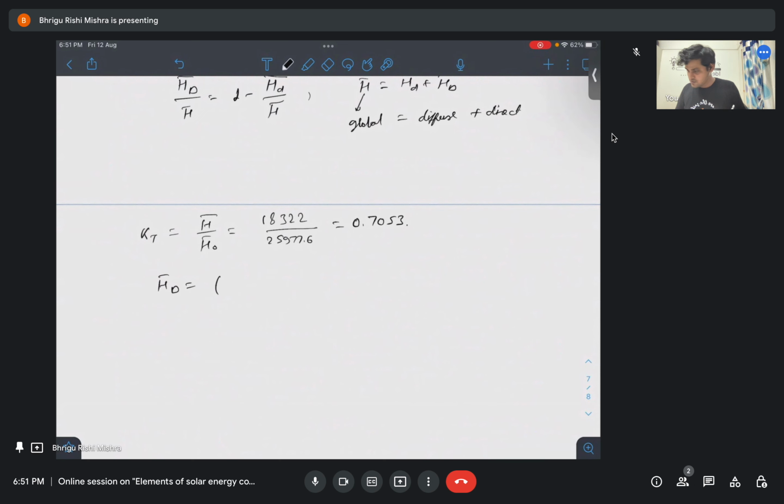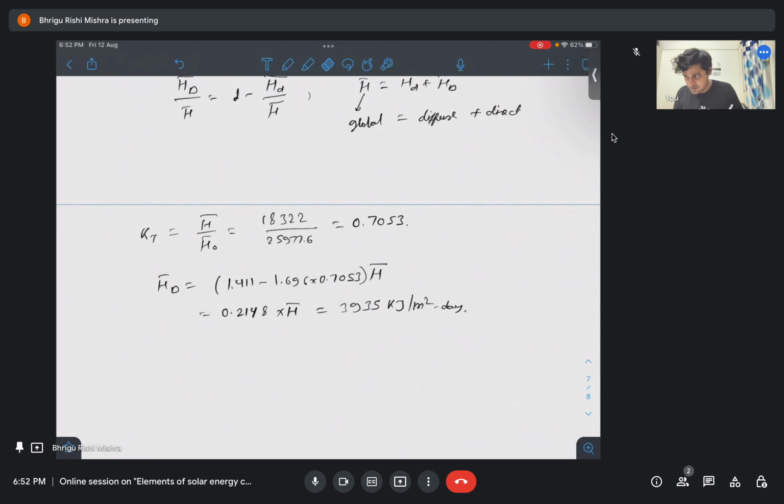So HD bar equals 1.411 minus 1.696 into 0.7053, into H bar. So it comes out as 0.2148 into H bar, which is 3935 kilojoule per meter square per day.